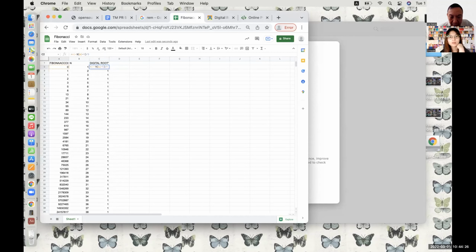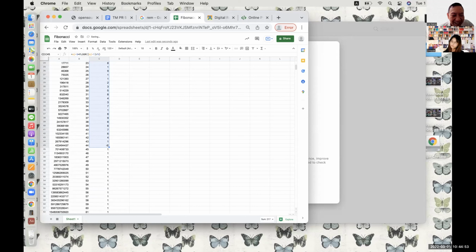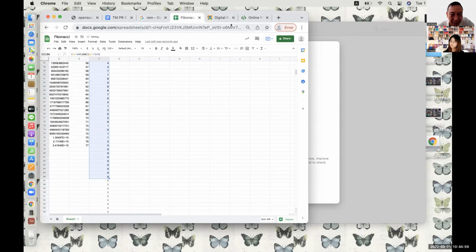And then x, the Fibonacci, minus 9 multiplied by the floor. Yes, that floor. Okay, close. At first I had negative values, then I changed it, then I have one. Okay, now it works. Good. So now you check.